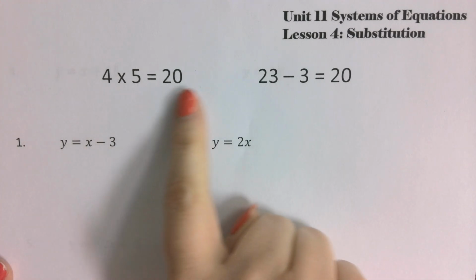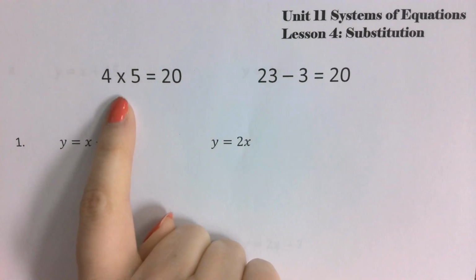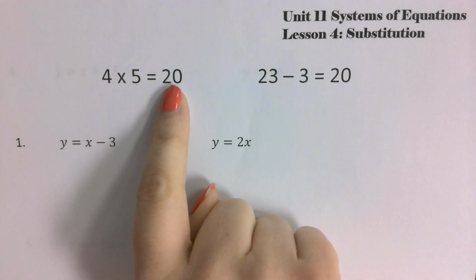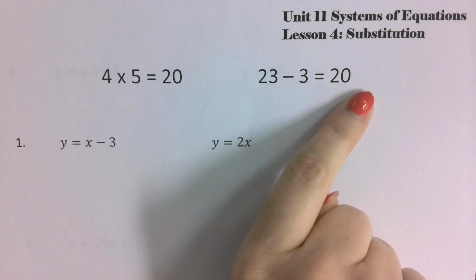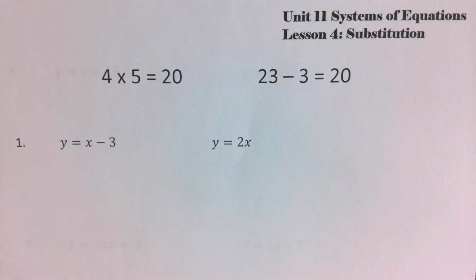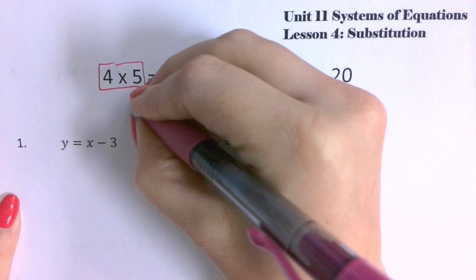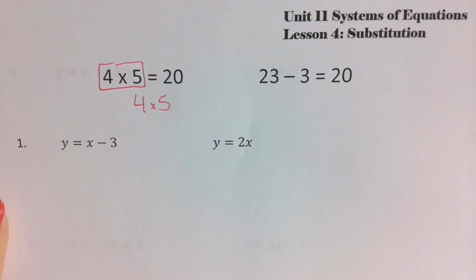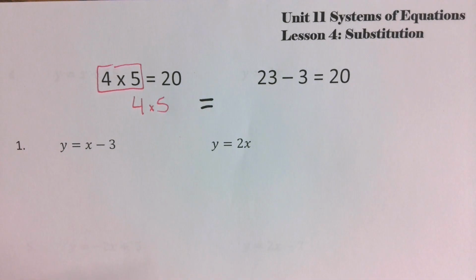So what I've posed up here are two number statements. The first number statement says 4 times 5 is equal to 20. Is that true? Yes, 4 times 5 does equal 20. What about 23 minus 3? Does that equal 20? Yes. So in this situation, this 4 times 5, if I rewrite that, it's exactly the same thing as that 23 minus 3.